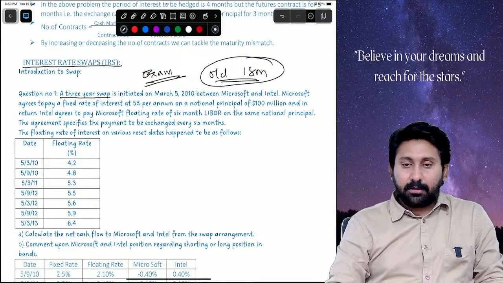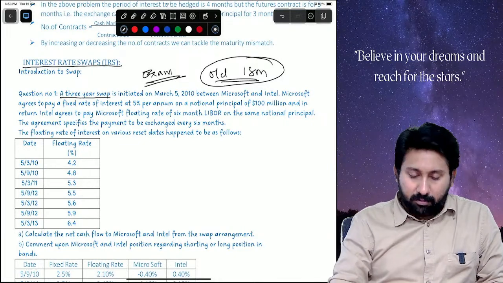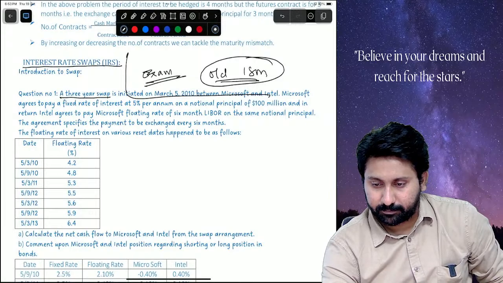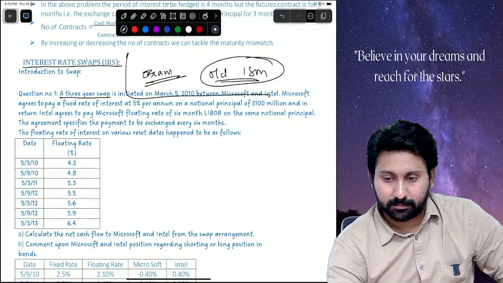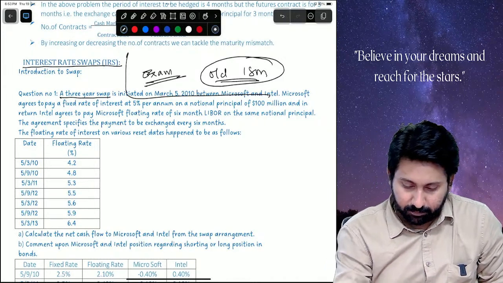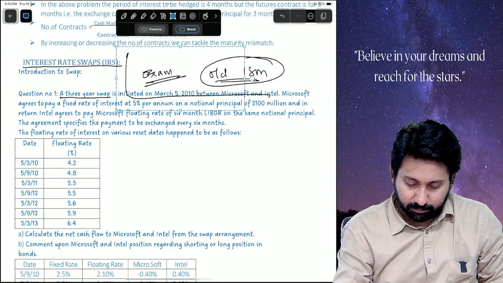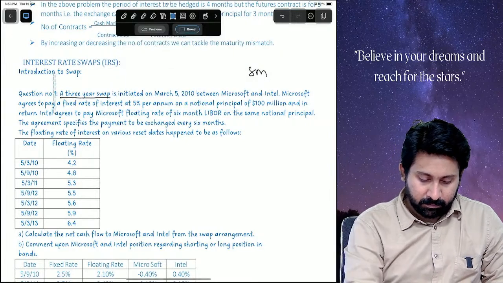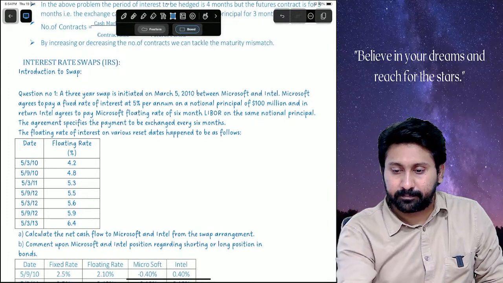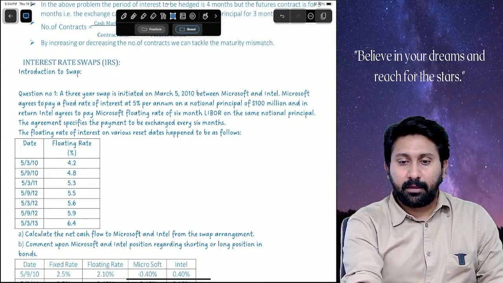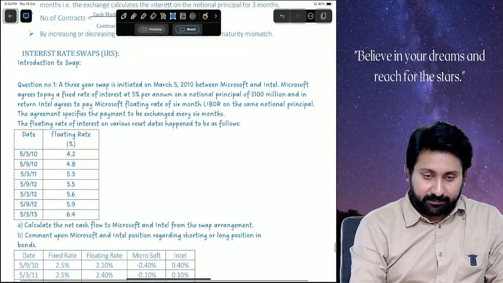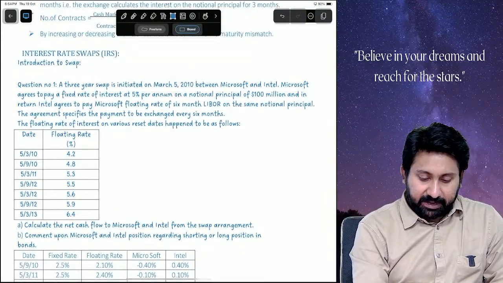Okay. So the first thing I said is, the chapter we are going to start is interest rate swaps.